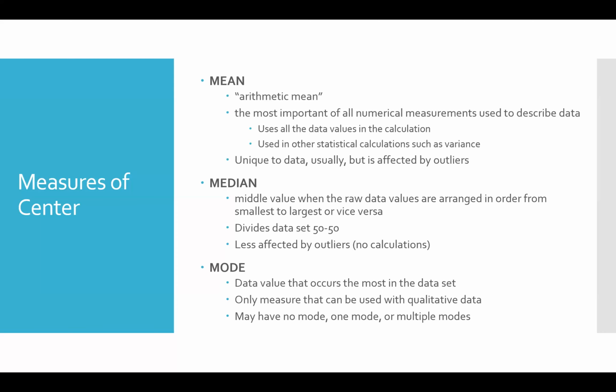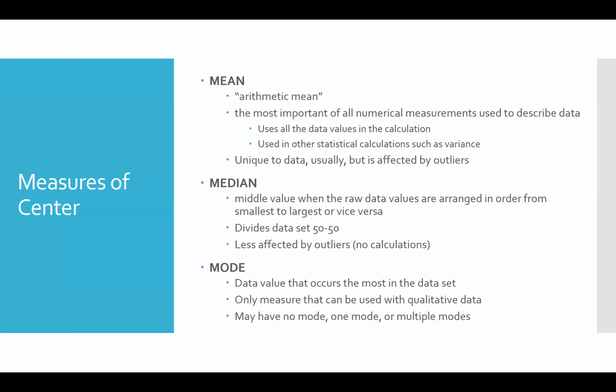You may have a number, or several numbers, that occur the same number of times. Let's say you have two numbers and they each occur 5 times. So you would have 2 different modes. So it's okay to have more than one mode. So it is definitely not necessarily unique to the data set.